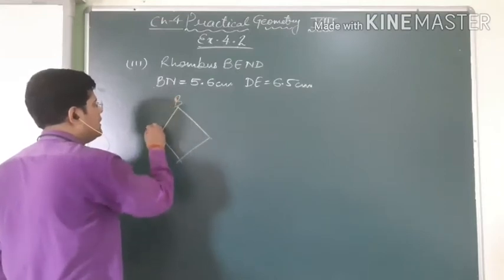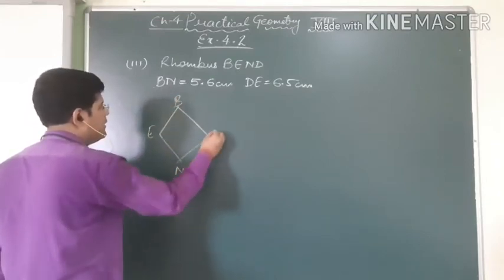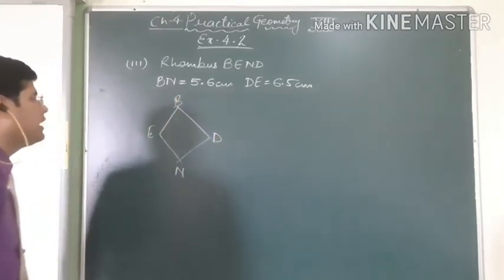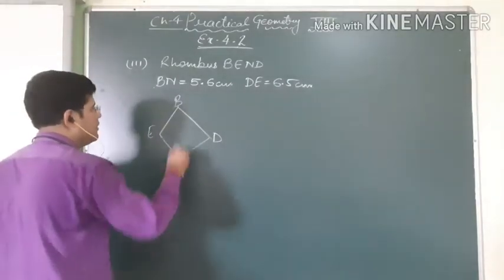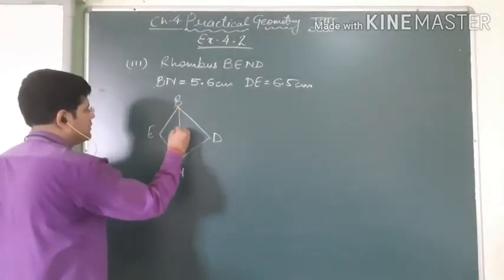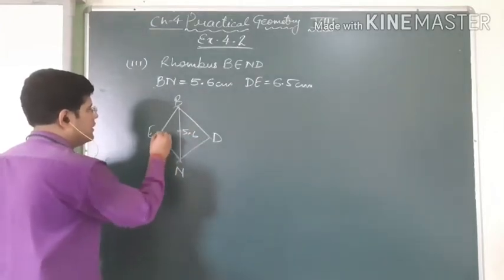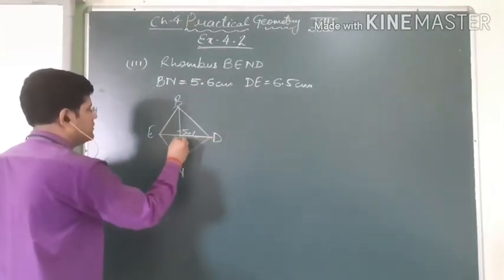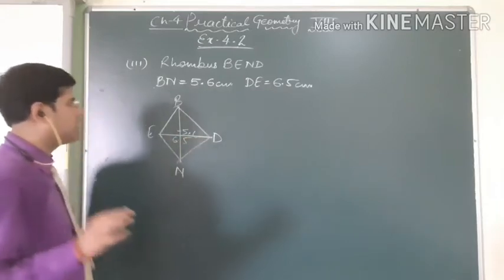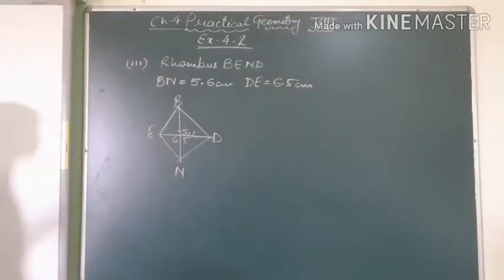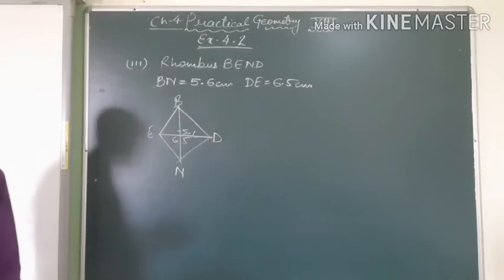B, N, E, D. Here BN is 5.6. DE is 6.5. So both diagonals are given, not a single side is given. Okay students, only diagonals are given.